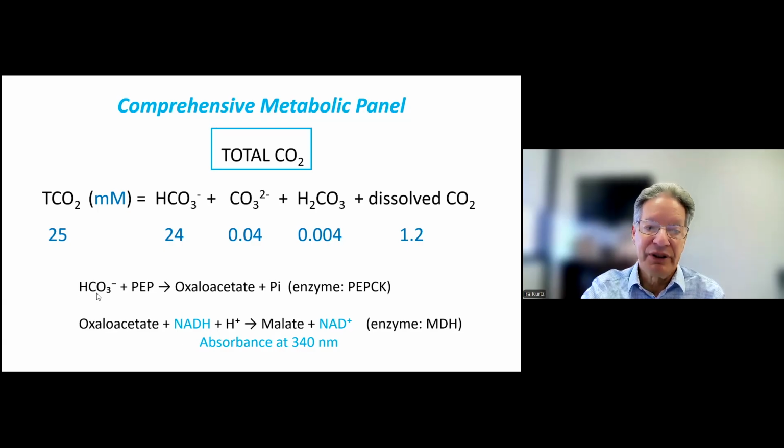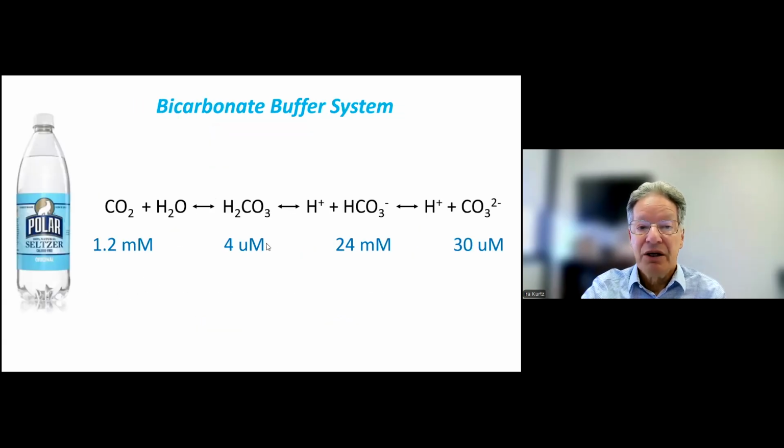Now you might say, well, it is measuring bicarbonate. And that's true, that bicarbonate is the species that combines with phosphoenol pyruvate. However, when that occurs, you get these other reactions occurring. The carbon dioxide and water, when you lower the bicarbonate concentration in this enzymatic reaction, you shift the equilibrium.